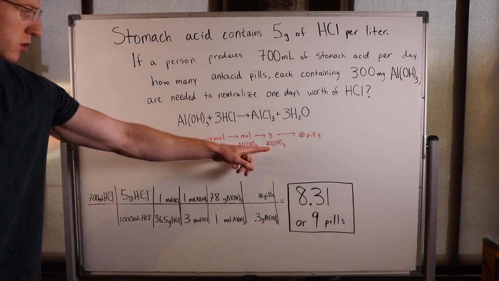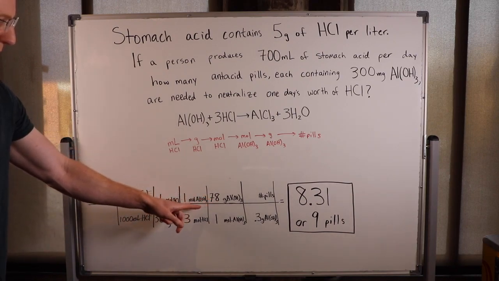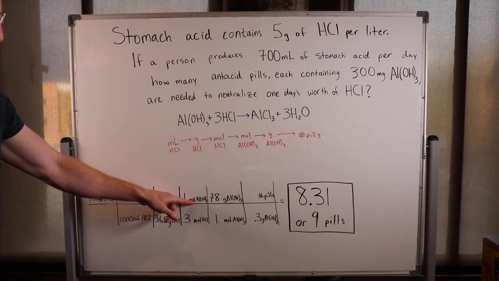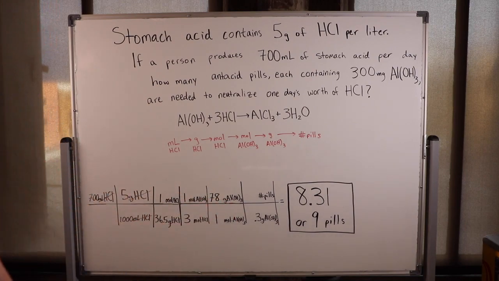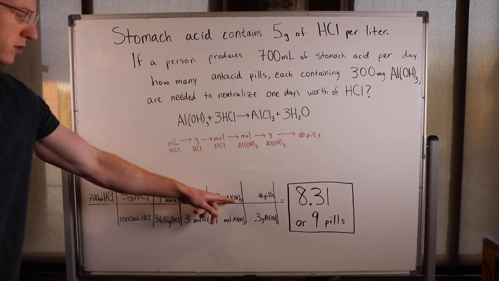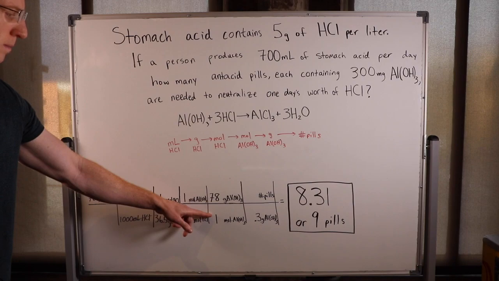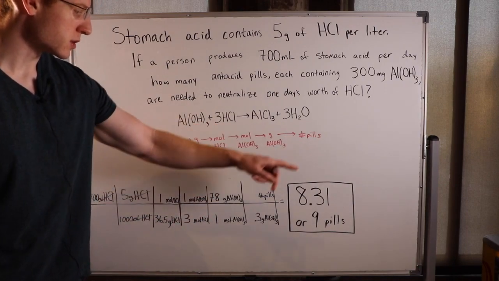Then we'll go to grams of aluminum hydroxide by finding the molecular weight on the periodic table. So again, we've got to cancel out these units, moles of aluminum hydroxide down here. And we're going to grams of aluminum hydroxide, and we find that aluminum plus 3 hydroxide groups weighs 78 grams per mole. Then finally, we're ready to go to number of pills.